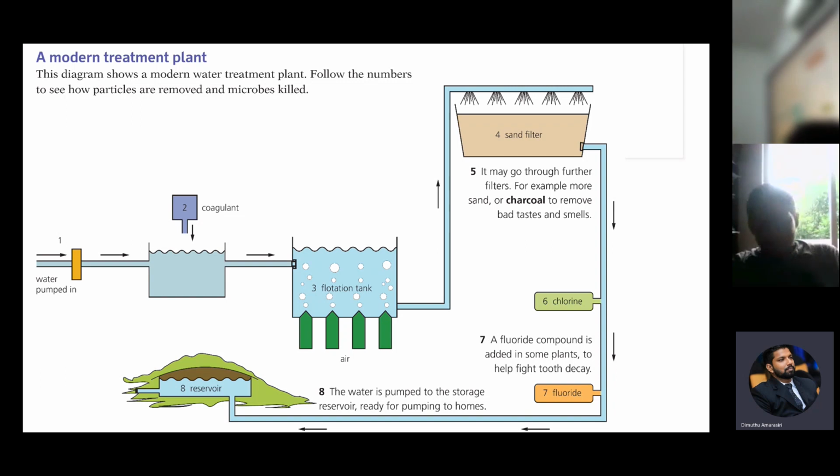Flotation tank, that is also removing floc. So both processes are together called clarification.